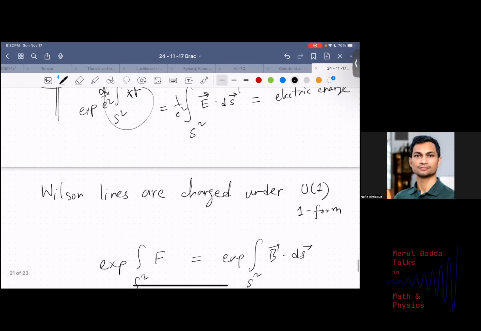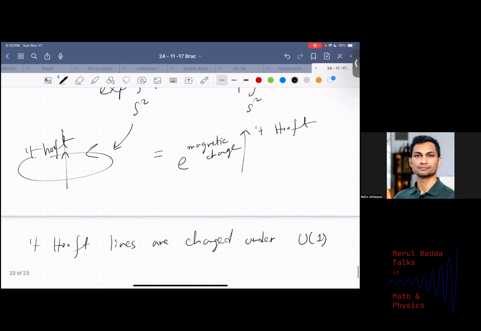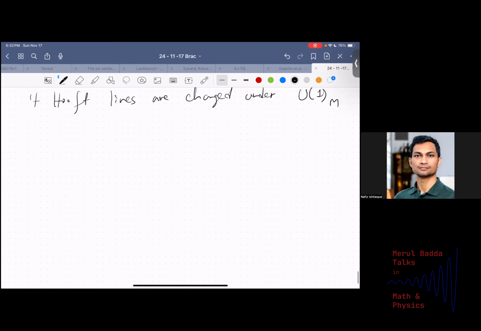So let me call this U1E for electric and U1M for magnetic. And again, this is a one-form symmetry. So the point is that 4D Yang-Mills theory has U1 electric times U1 magnetic global symmetry.